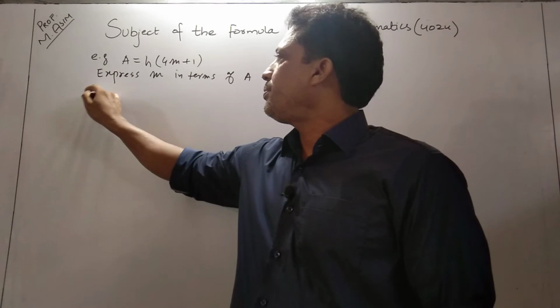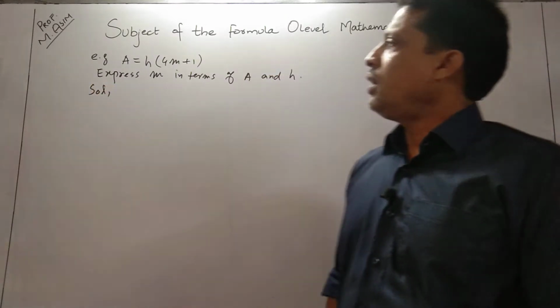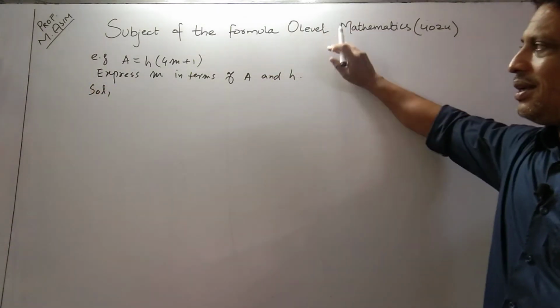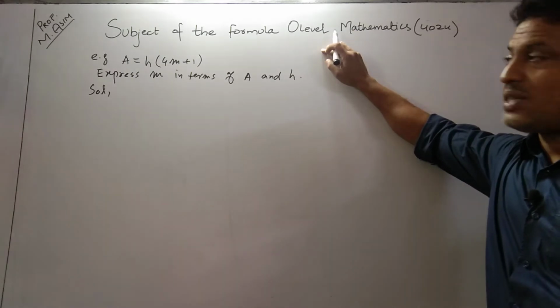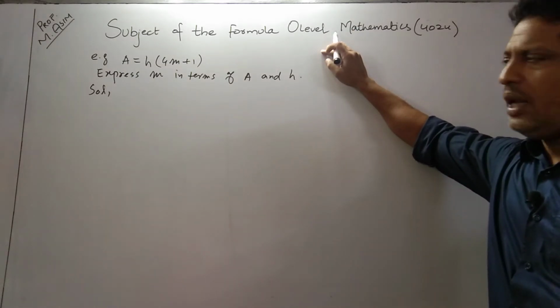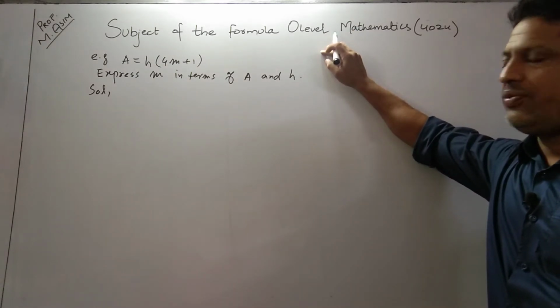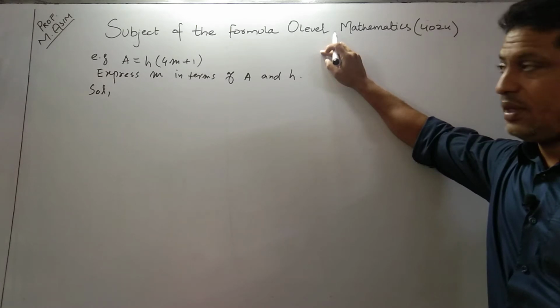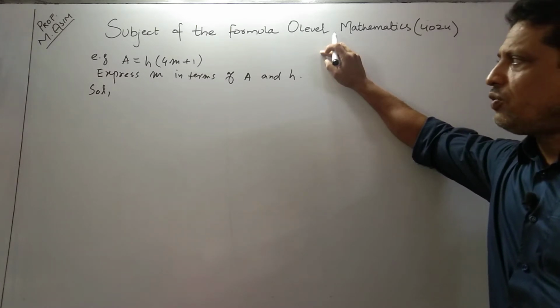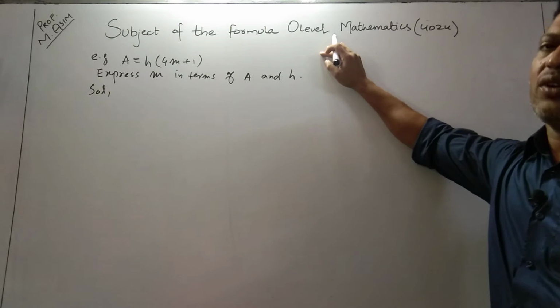Solution. In this case, A is the subject of formula. A is equals to h into (4m + 1). The requirement is to make m the subject of the formula.